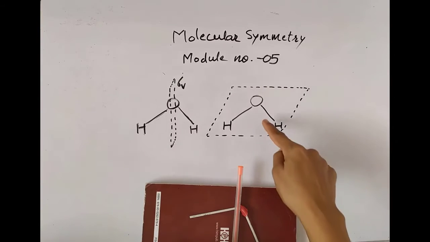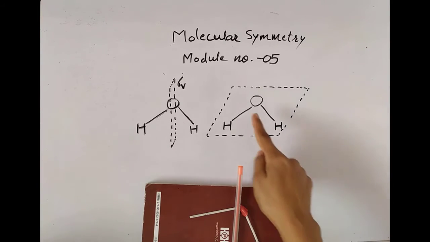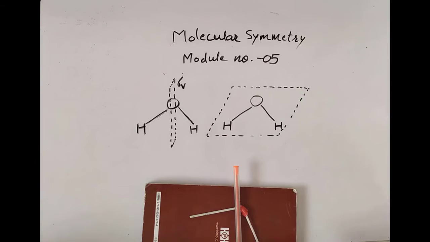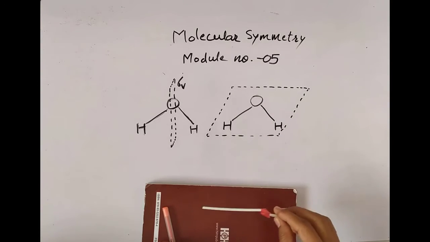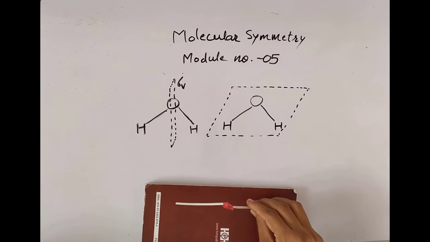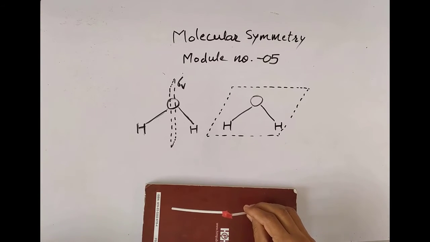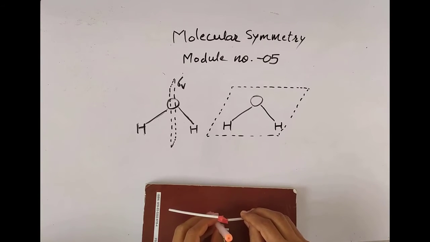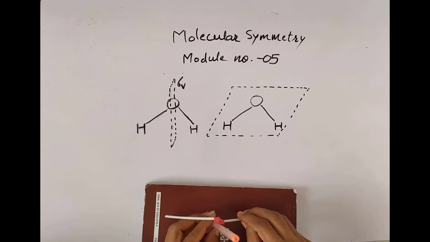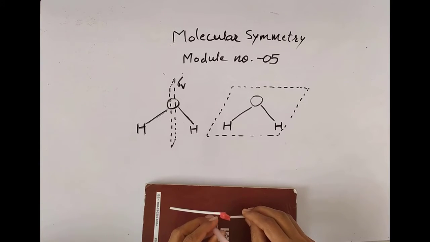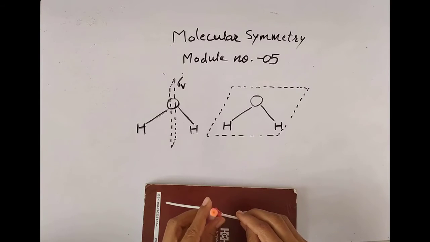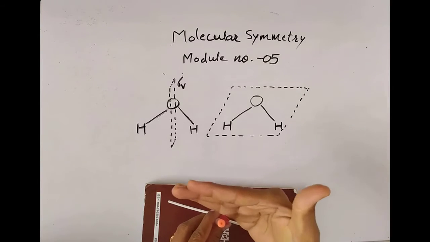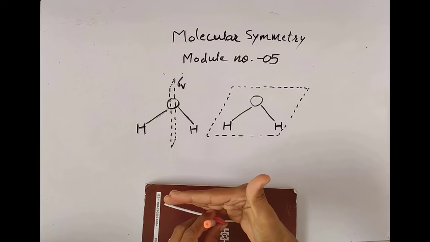Again, how will you predict the second plane? Again it is sigma v or sigma h. Hold the water molecule like this to consider this position. How is the plane we have passed? Like this. And how is the principal axis we have passed? Like this. And how is the plane we are passing now? Like this. Are you getting it?